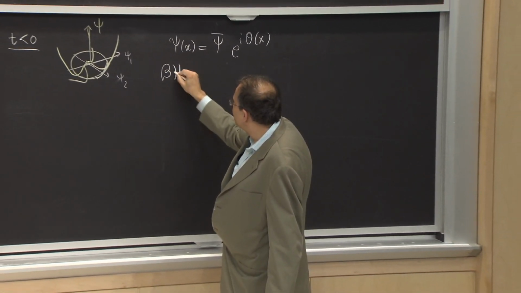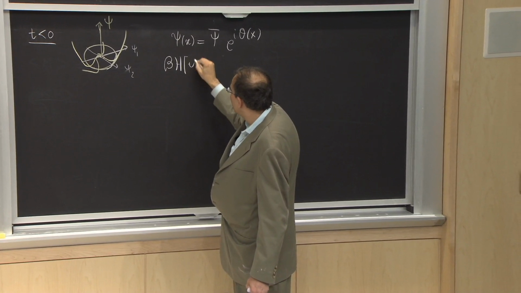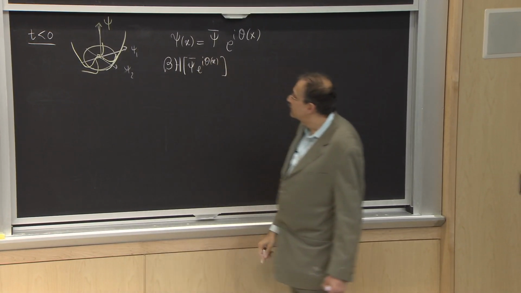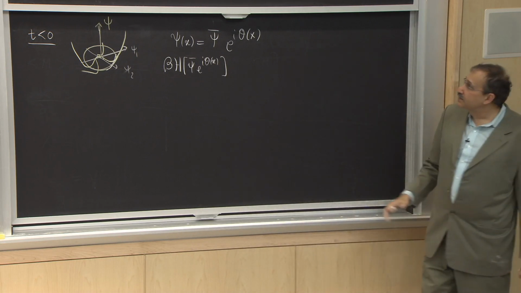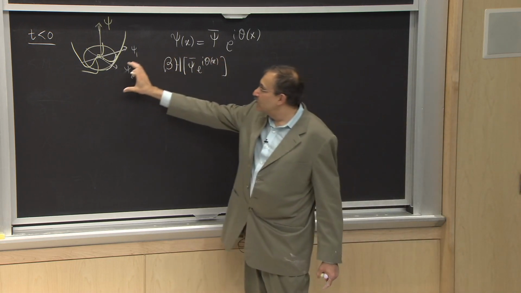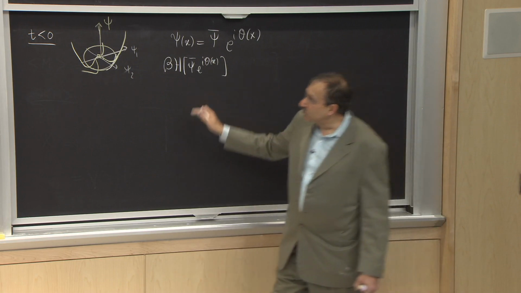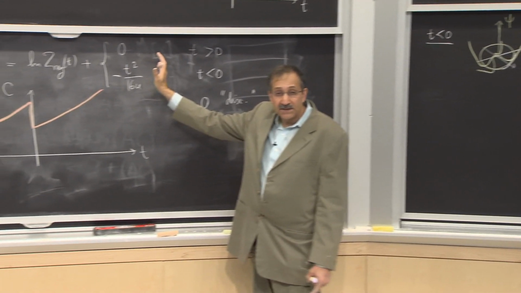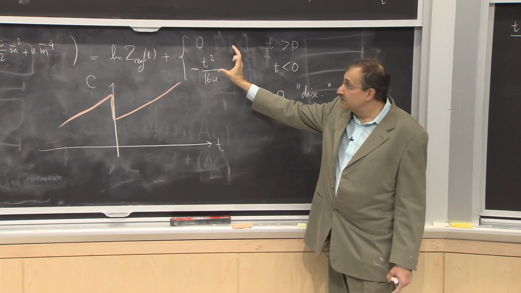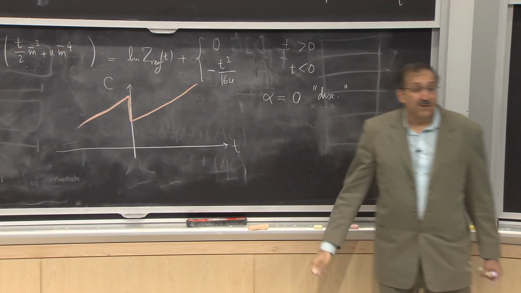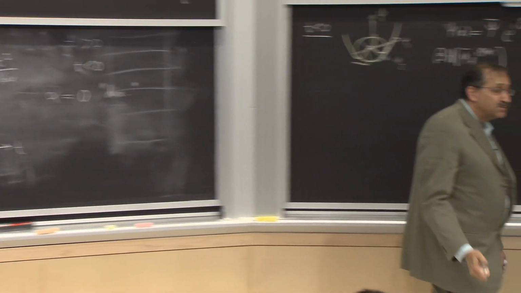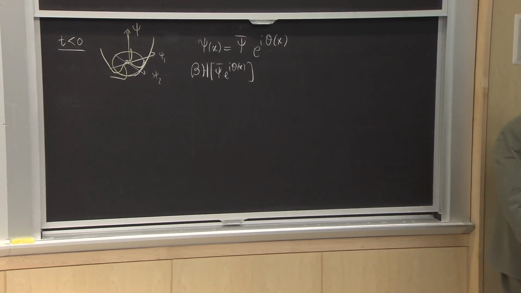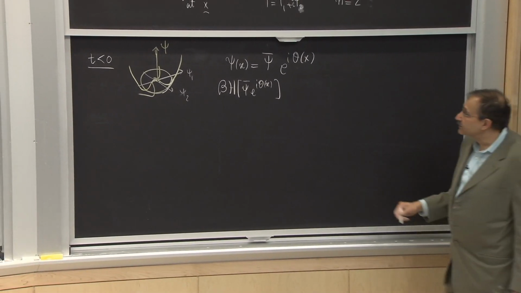If I calculate beta h for psi bar e to the i theta of x, what I get is whatever I have put over here, such as this function, which is the location of the minimum. But because of the variation in theta that I have allowed, there is a cost.